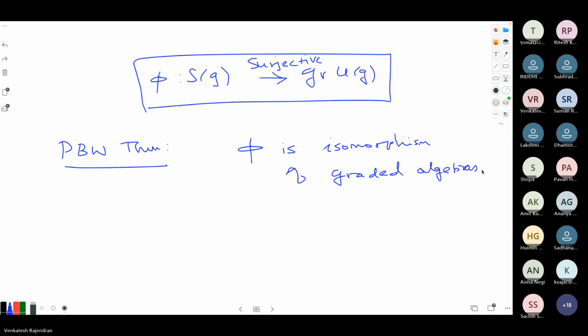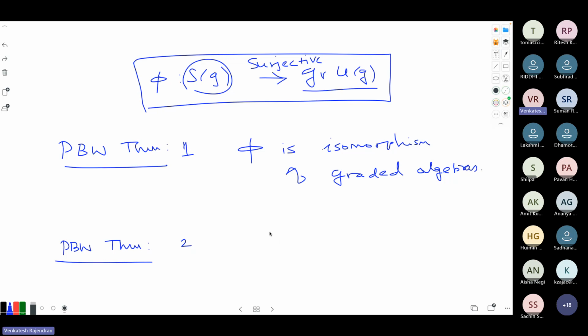As an immediate corollary, you get version 2, which is what we'll be focusing on: the image of a basis of this SG should be a basis inside your grade UG.